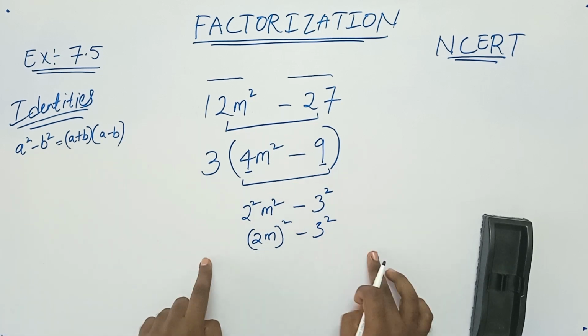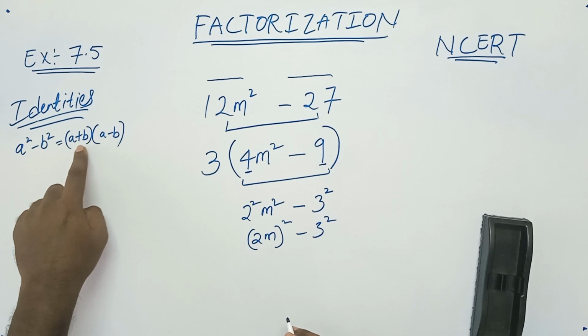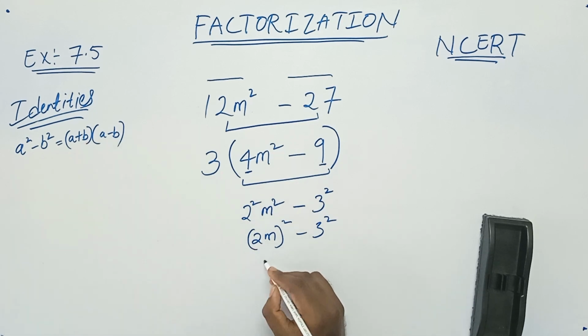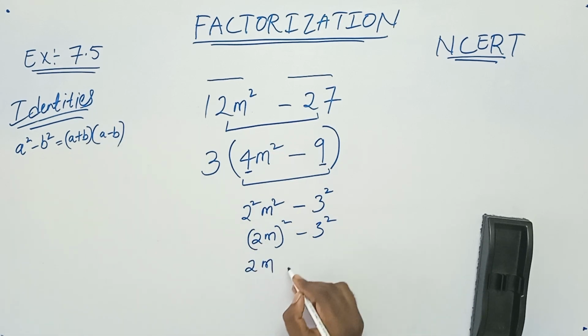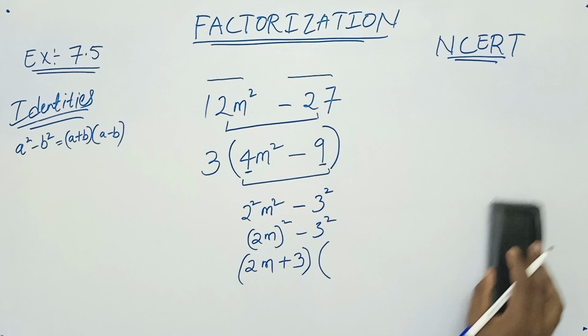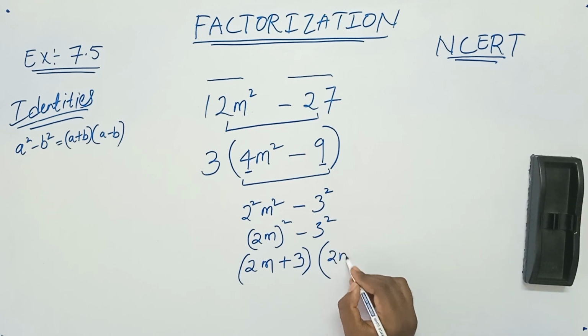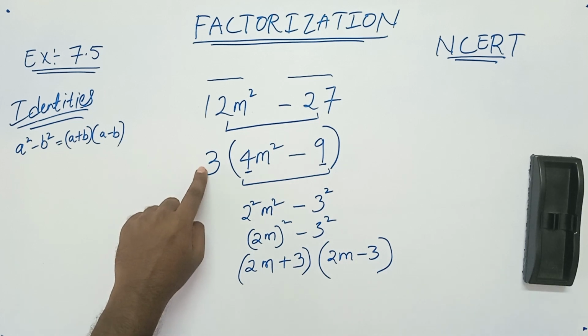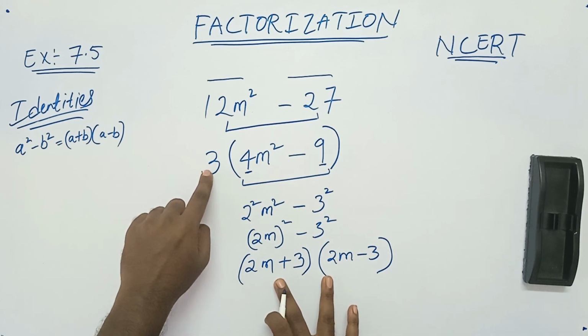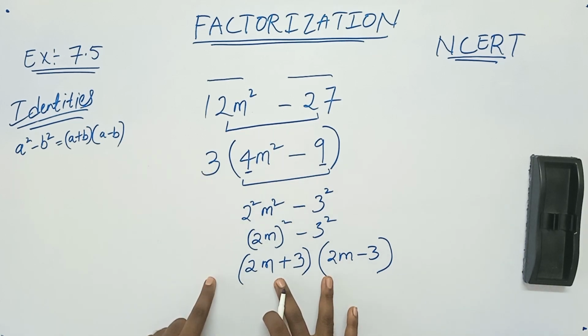Now what we are going to do is write it as (a plus b) into (a minus b). What is the a value? 2m plus 3, right? Times 2m minus 3, right? So now we got the product of two factors, and also we have 3 that is getting multiplied with the two factors.